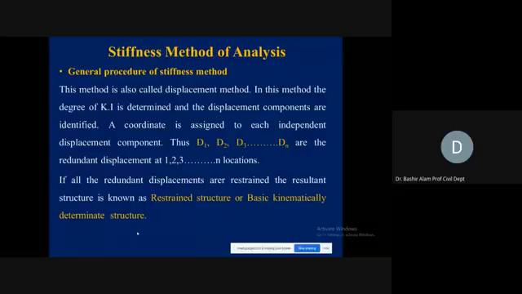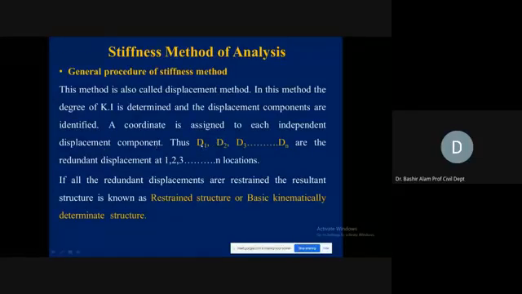In this method, the degree of kinematic indeterminacy is determined. So first you need to find out the kinematic indeterminacy, and the displacement components are identified. So you go after the free joints, you identify them and you label them. A coordinate is assigned to each independent displacement component.